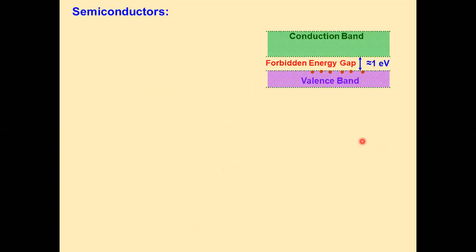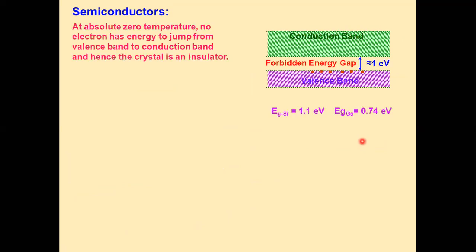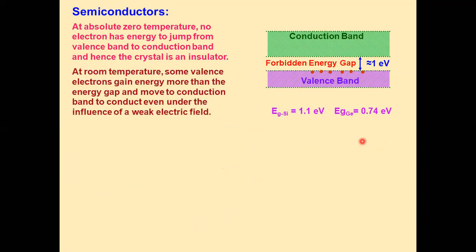So what is the semiconductor? In the semiconductor, at absolute zero temperature, no electron has energy to jump from valence band to the conduction band. So at absolute zero temperature, the semiconductor is like an insulator.